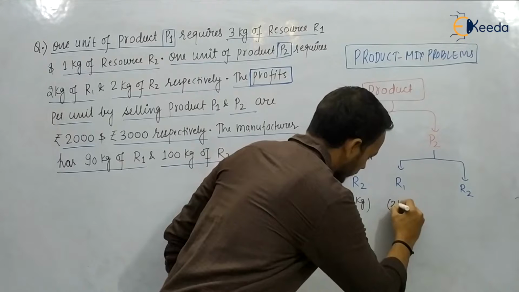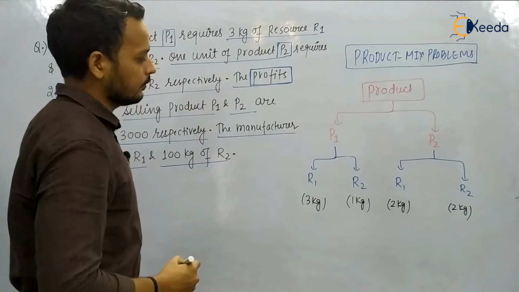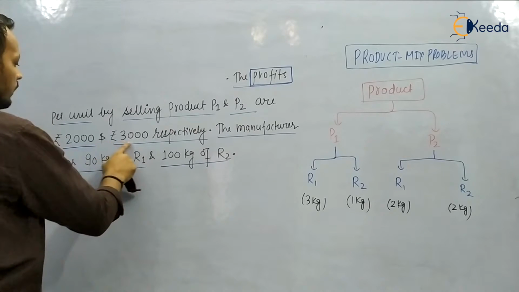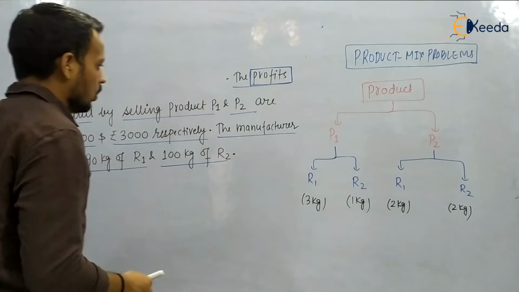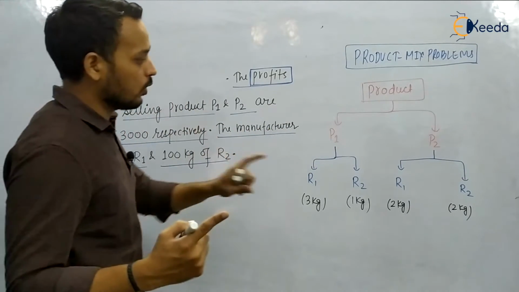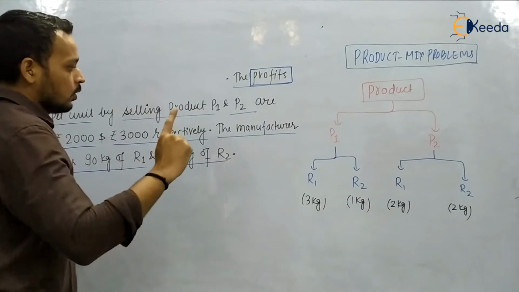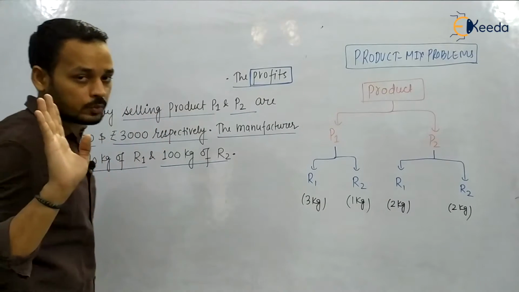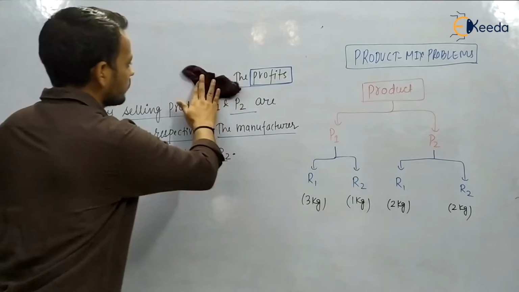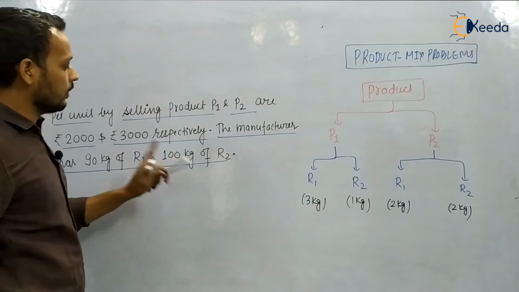The profits per unit are 2000 and 3000 respectively. So 1 unit of P1 gives 2000 rupees profit and 1 unit of P2 gives 3000 rupees profit.